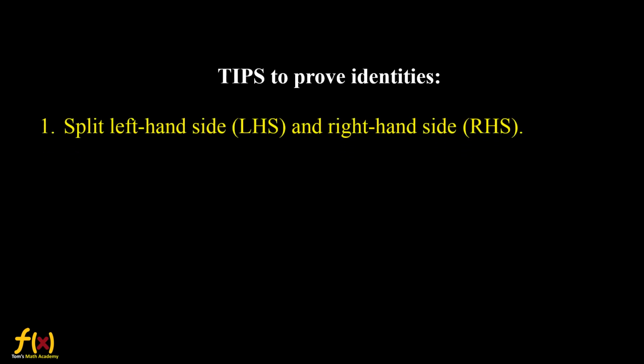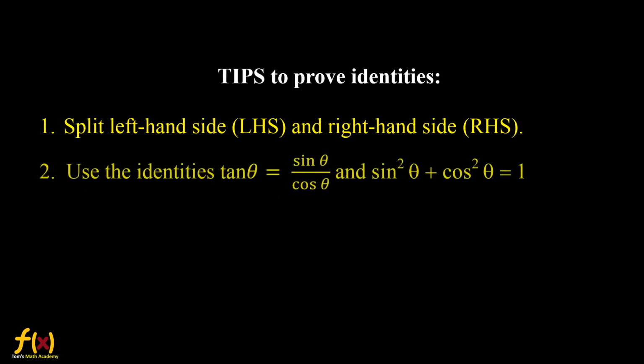Now, I'm going to give you a few tips to prove the identities. First, we have left hand side and right hand side in the question. You start either from the left hand side and prove it equal to the right hand side, or use the right hand side first and prove it equal to the left hand side.